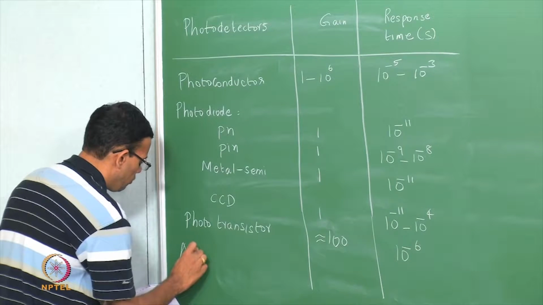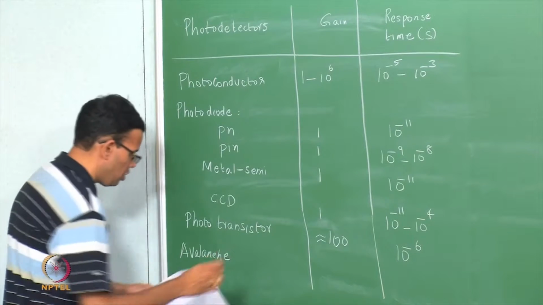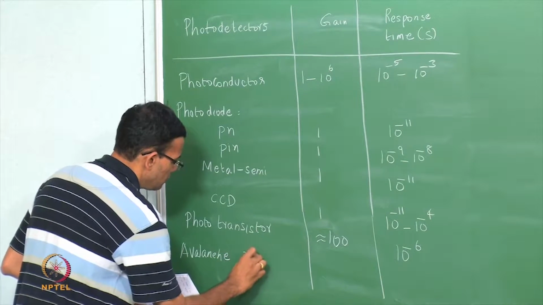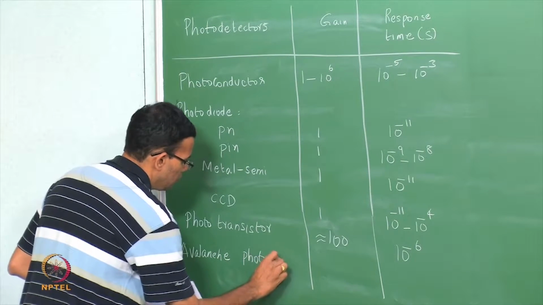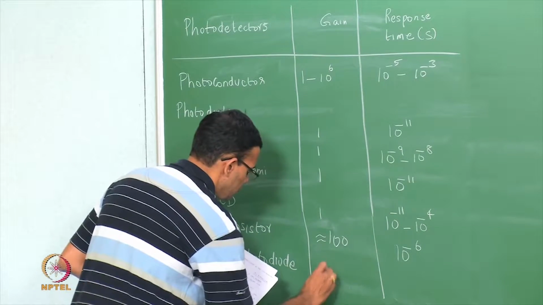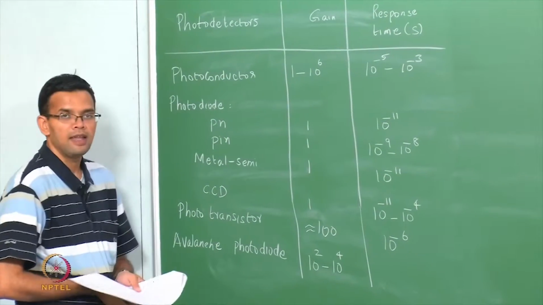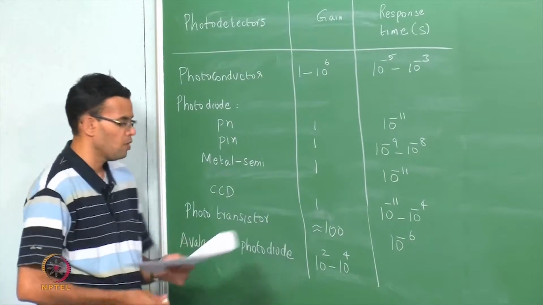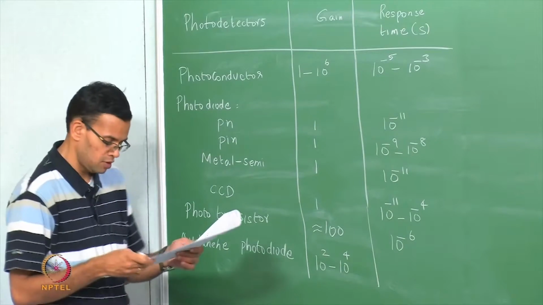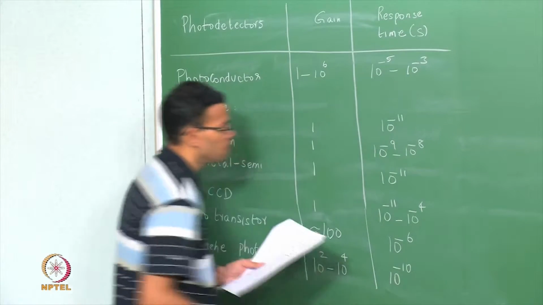Another type of photodetector is based on an avalanche photodiode, which also has a gain that is larger than unity because it is based on an avalanche process, and also a very fast response time.